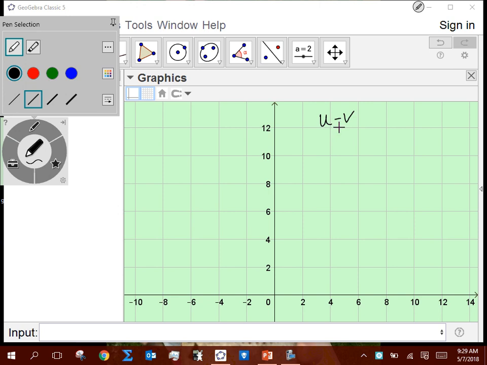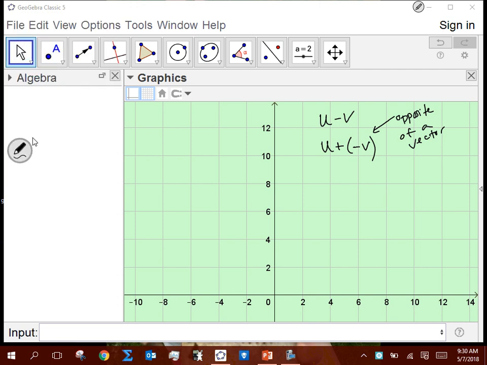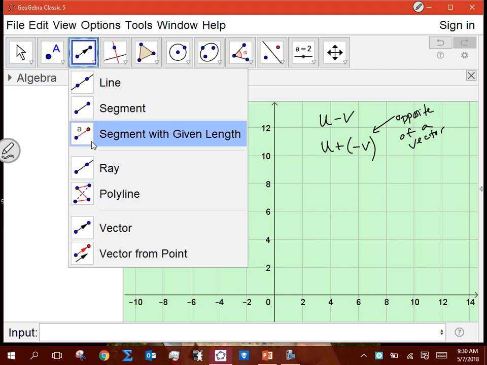What did we define subtraction like the first day of Algebra 1? Adding the opposite. So this is actually u plus the opposite of v. And now we have to think about what the opposite of a vector looks like. Okay? So let me put a vector in here real quick.